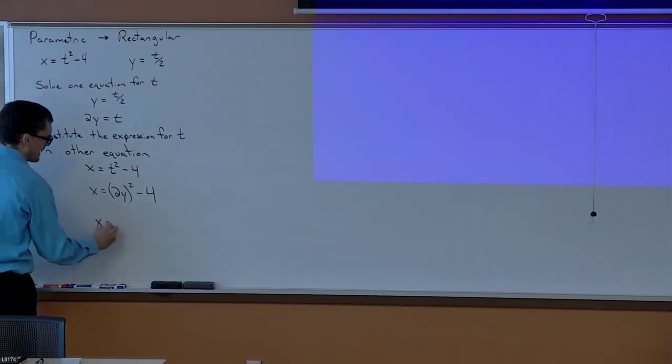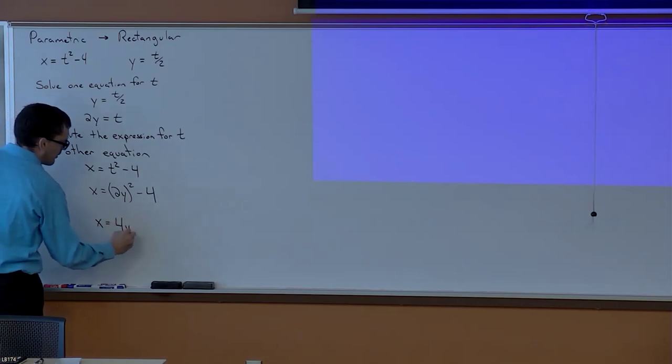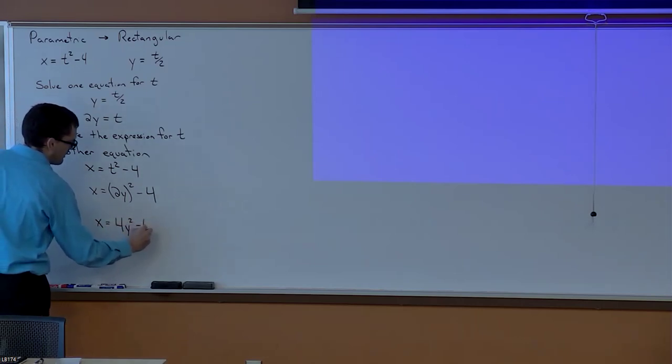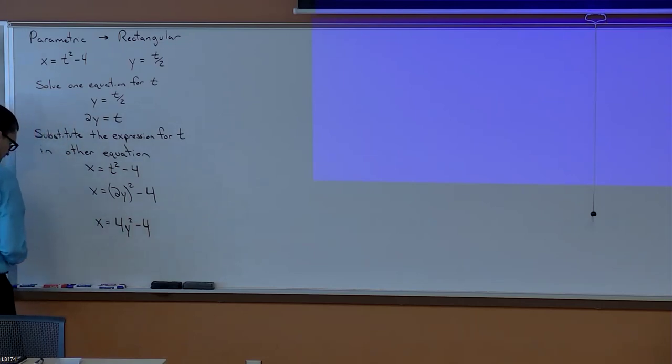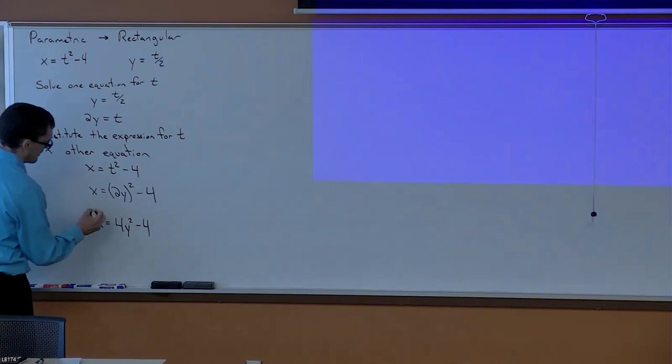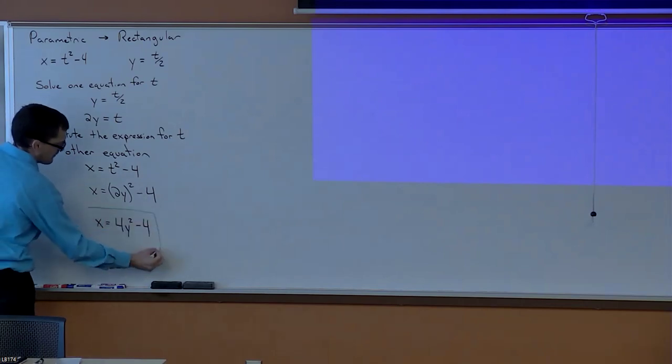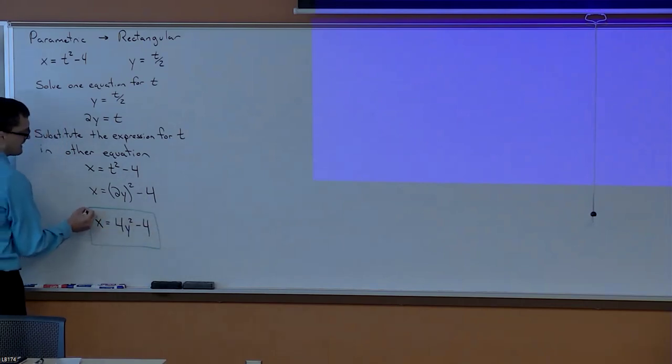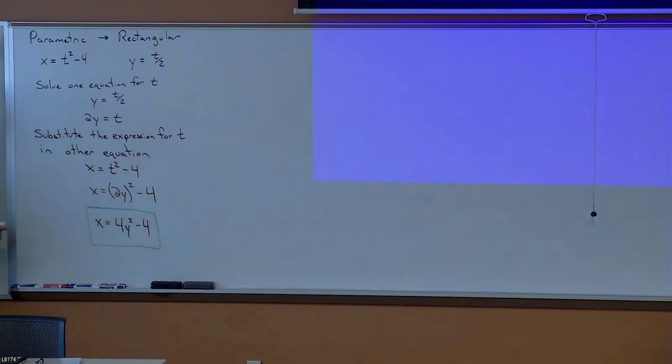And so my equation is essentially 4y squared minus 4. And that's it. That's the entire equation. You might ask, well, how far do we need to simplify or solve? When you convert to rectangular, you don't need to do a lot of simplification.